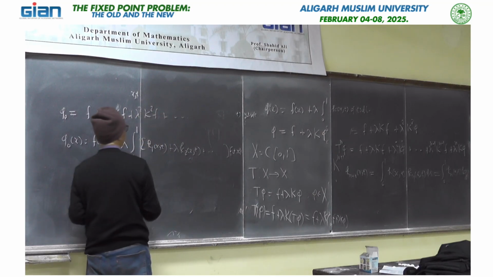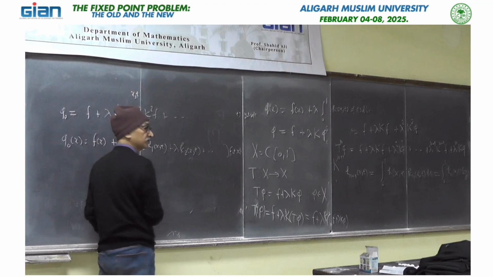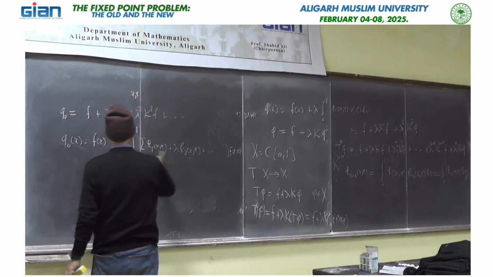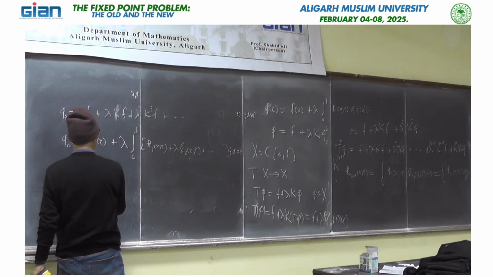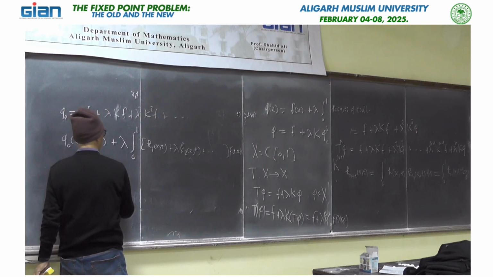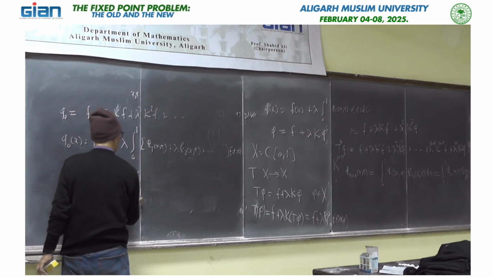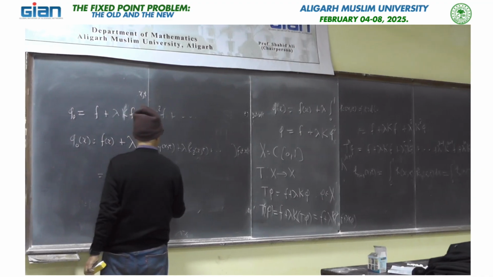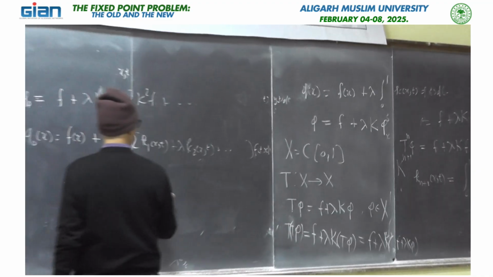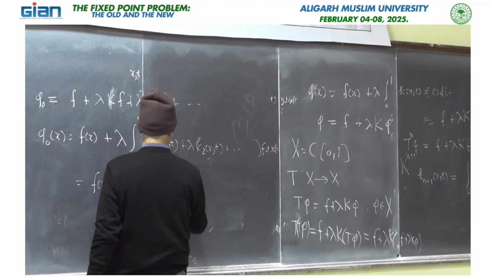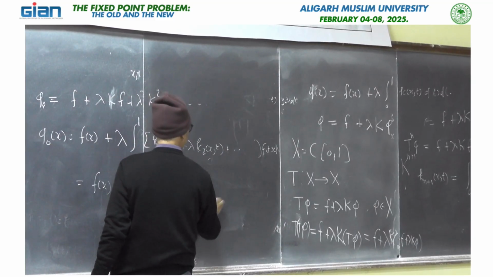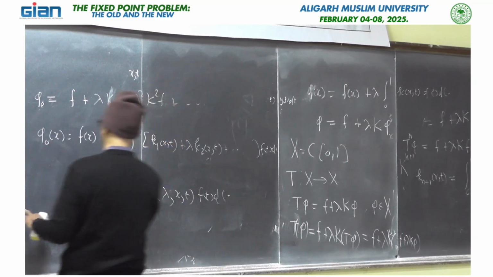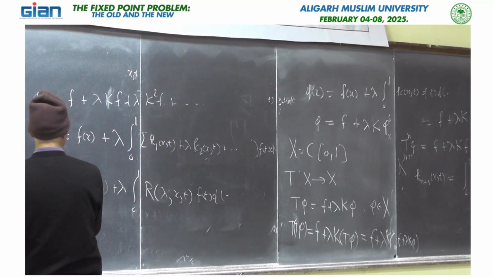Provided this series of kernels converges, what you get is f of x plus lambda, integral 0 to 1, this is called the resolvent kernel. It is a function of lambda also, R(lambda, x, t) f(t) dt. The solution phi 0 is given by this.